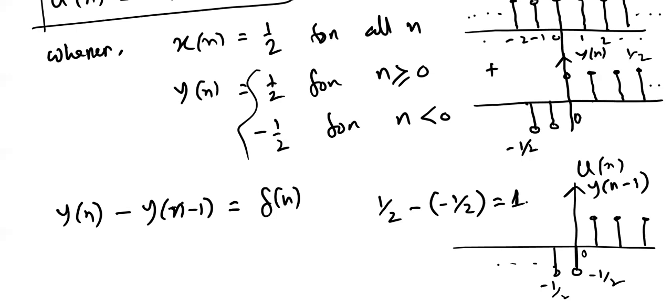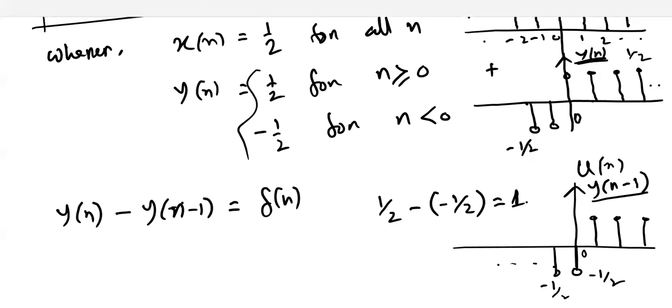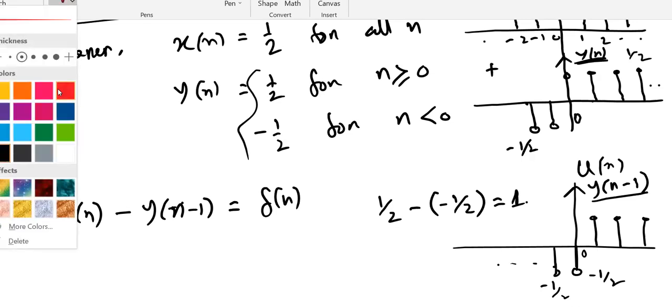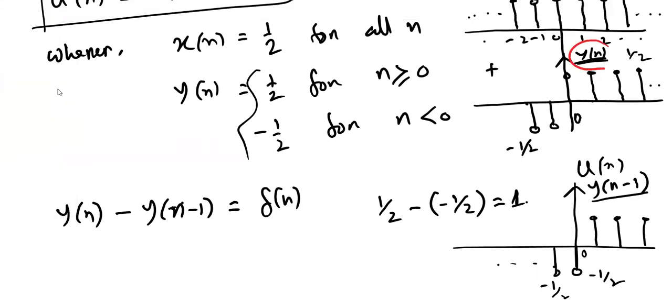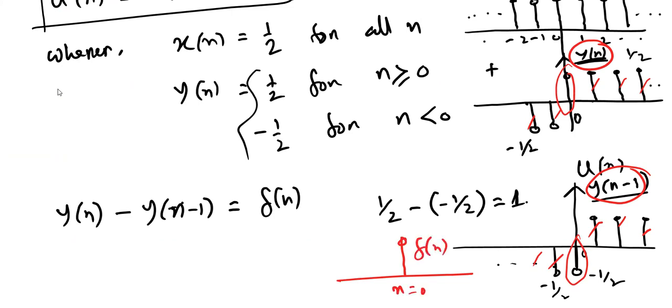If you add y[n] with y[n minus 1], they will cancel each other. In the subtraction, these cancel, and these two get added, and it looks like a delta function at n equals 0.